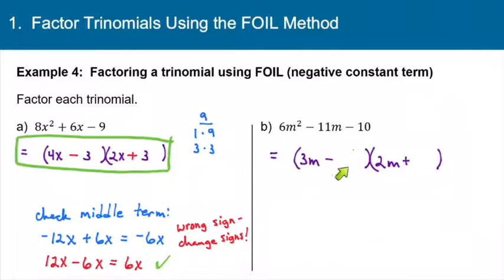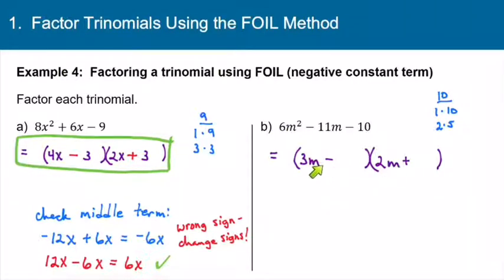And now let's put in our factors for 10. So 10, you know, can either be 1 times 10 or 2 times 5. I'm going to start with the 2 and the 5. If I can't find anything that works, I'll go to the 1 and the 10. Now remember the little trick that we had about creating a GCF in your parentheses. Our trinomial does not contain a GCF.